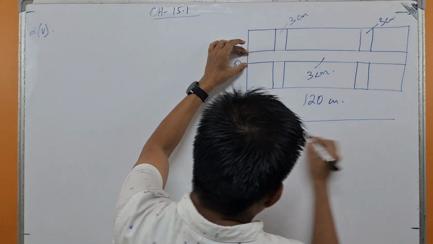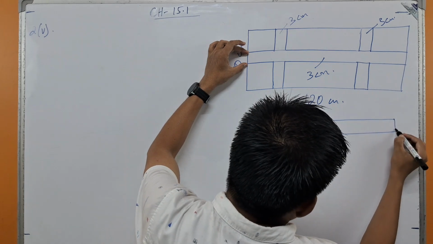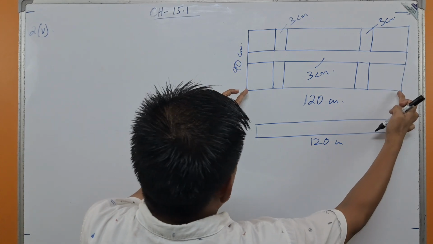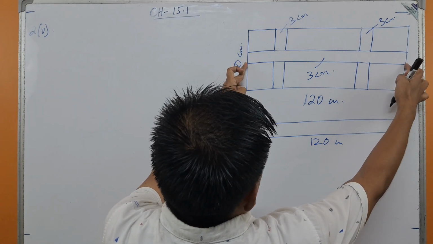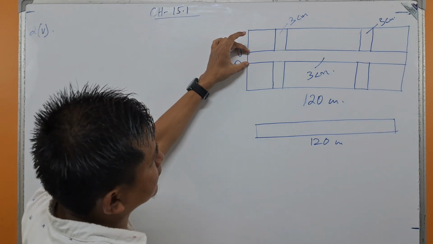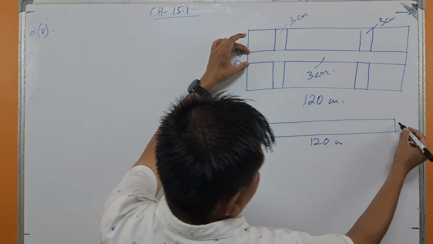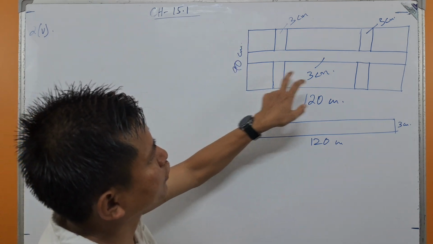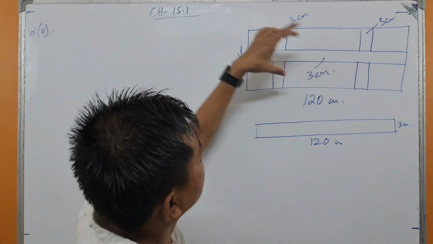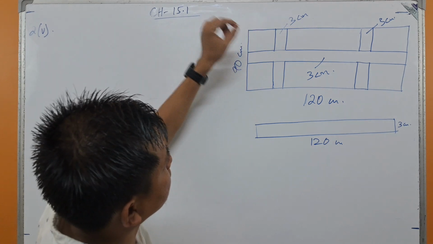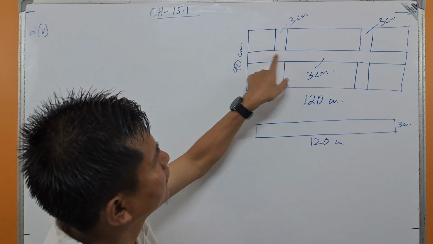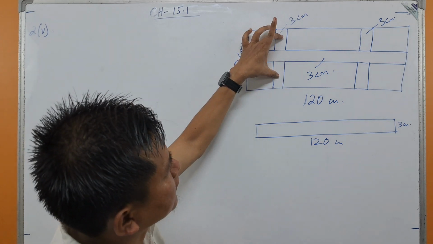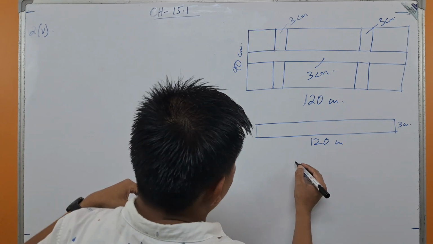So this is the rectangle, and length of this rectangle is 120 centimeter. The total length is equal to the length of this rectangle, and width of this rectangle is 3 centimeter. After that we have these 2 rectangles as well. So area of this rectangle, now we have already calculated 3 centimeter from this middle part of this total rectangle, isn't it?